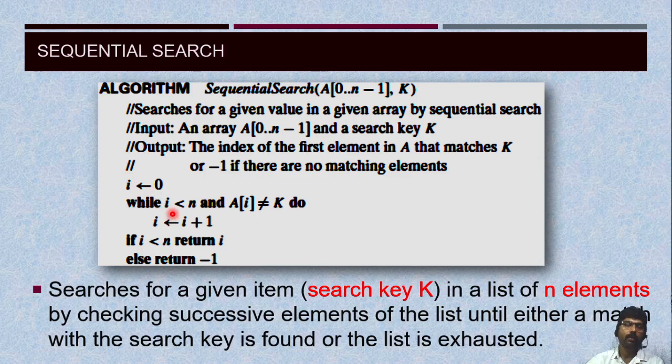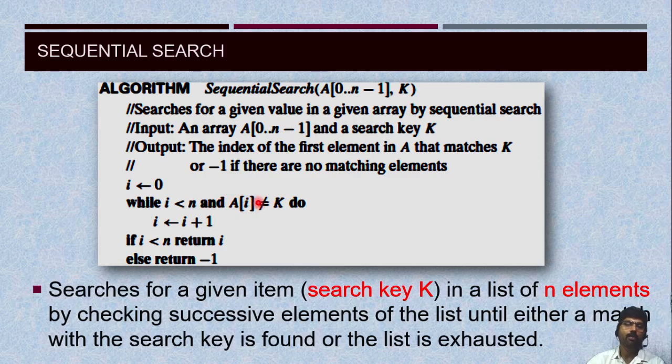Now you have to run this loop while I is less than n, that means you start from 0 up to n, and the key value should not be matched with the element value.